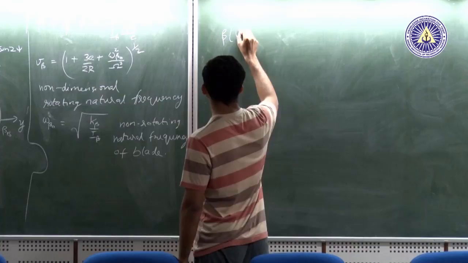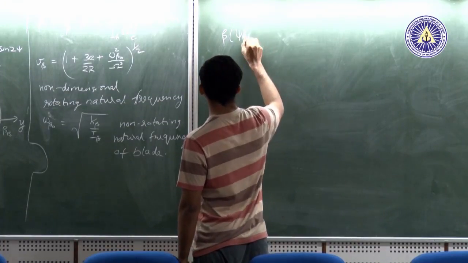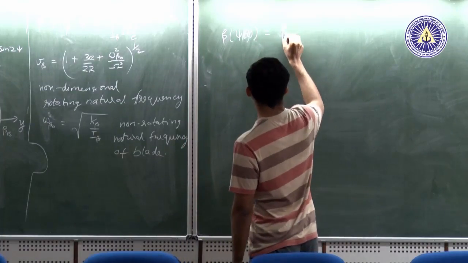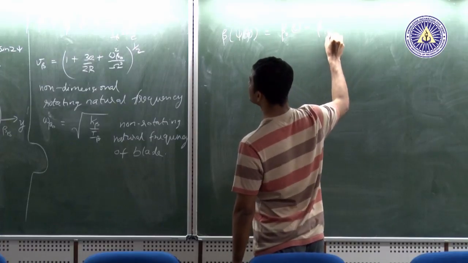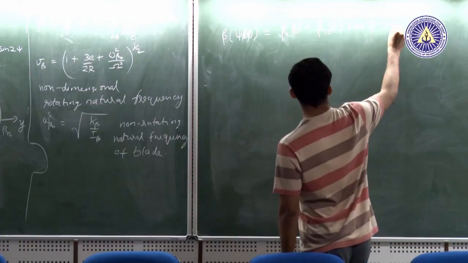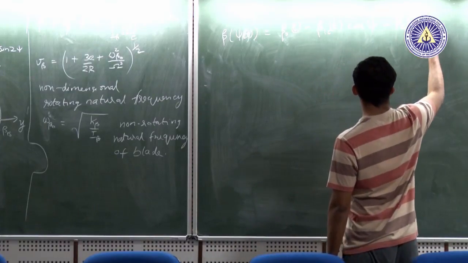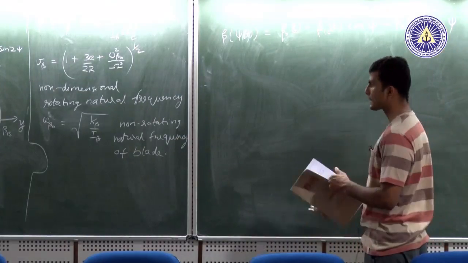So you can put a t also here: beta is beta naught of t minus beta 1 c of t cos psi, that is beta 1 s of t into sin psi. Okay.